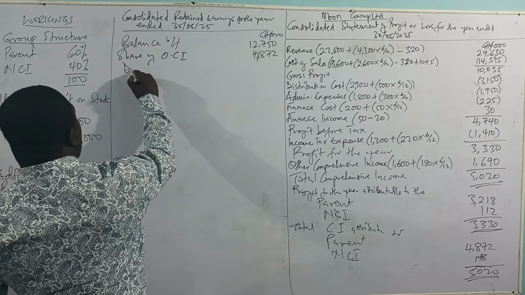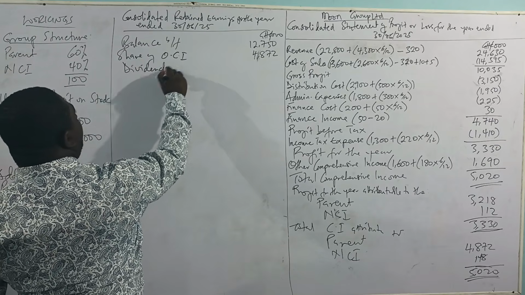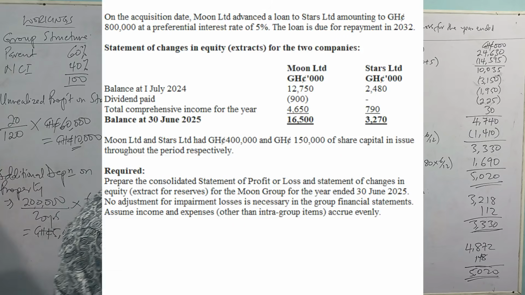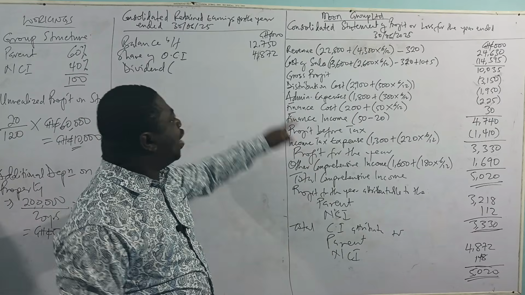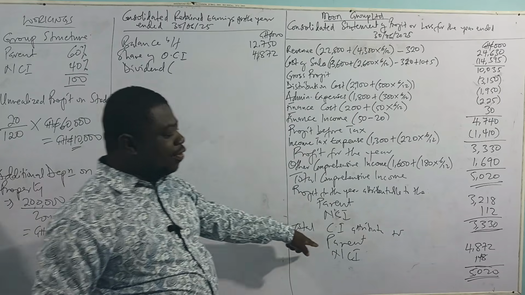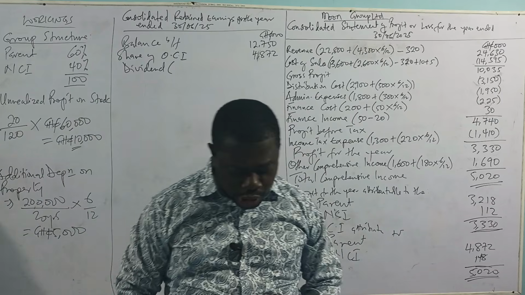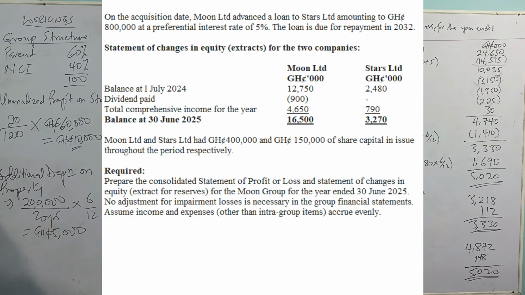So dividend was actually paid from the question. From the question, you can see that there was a dividend payment of 900. Someone will ask, let me answer this. Why did I not add a share of the net profit, but added the share of the total comprehensive income? Look at the question carefully. When they give the extract of the changes in equity, the balance brought forward, they paid out dividend of 900, and there is a total comprehensive income of 4,650.